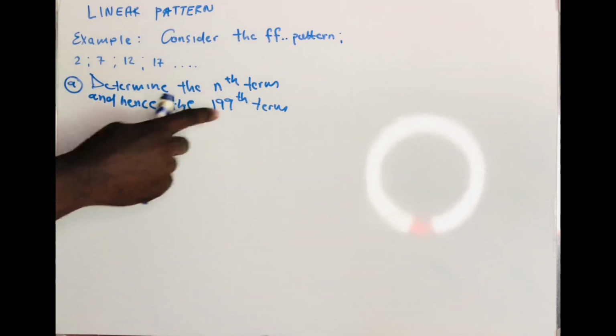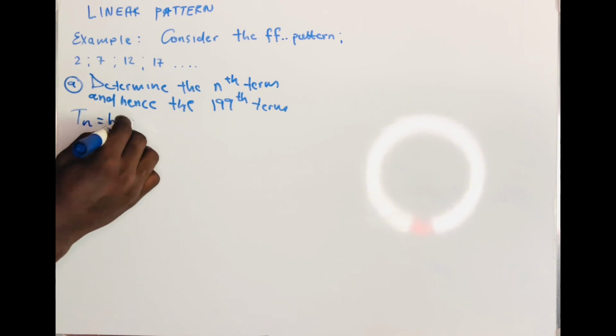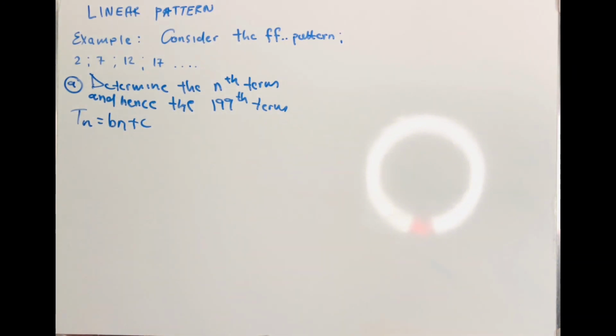So we know a position is determined by what? By n. We know that n determines a position. So let's tackle this. We know that the general term is what? Tn is equals to Bn plus C. We have to find the value of B and the value of C. To find the value of B, we know that we subtract this one from this one, subtract this one from this one.